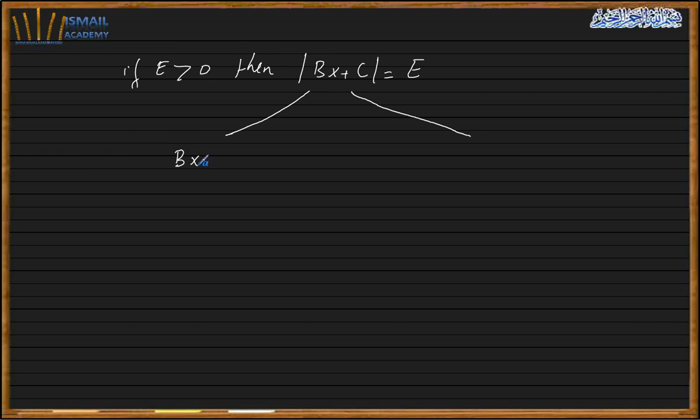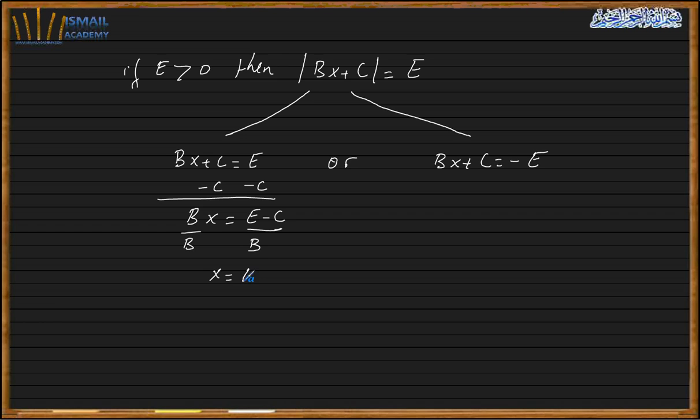So Bx plus C is equal to E, or Bx plus C is equal to minus E. Now I solve it as regular two-step linear equations. Here I subtract C from both sides. I get Bx equal to E minus C, divided by B on both sides. So my x will be E minus C over B.